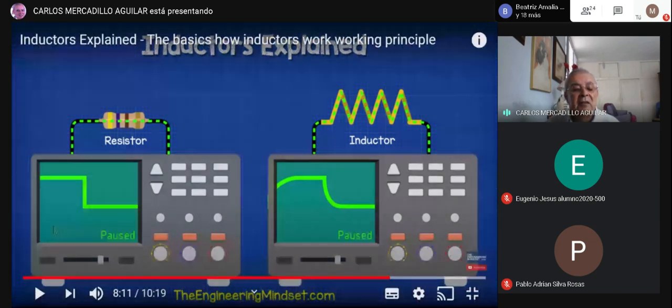Okay, and then if we disconnect the battery, the current through the resistor becomes zero because there is no potential difference across it. It instantly comes to zero.